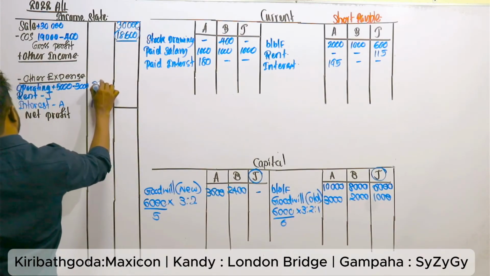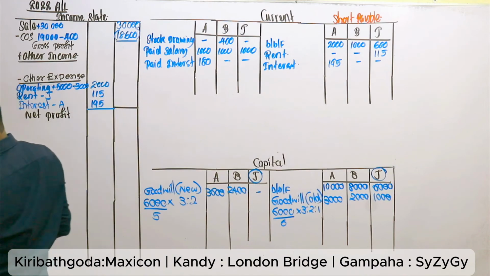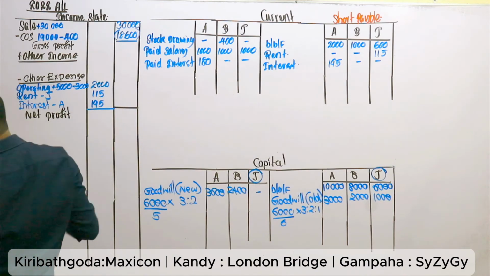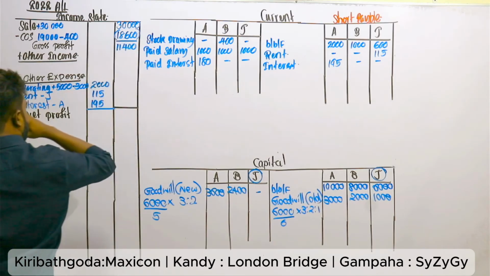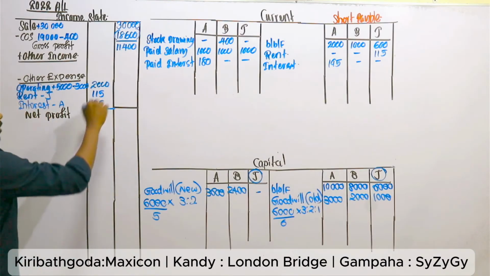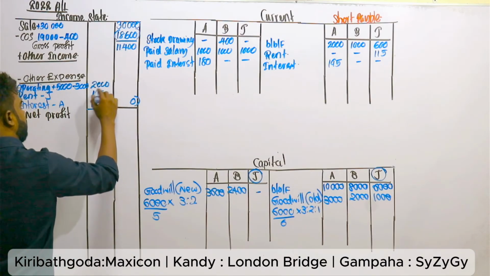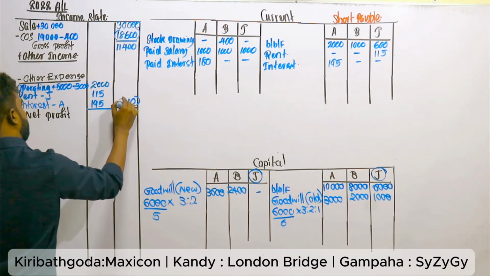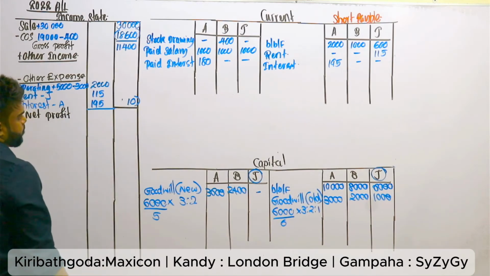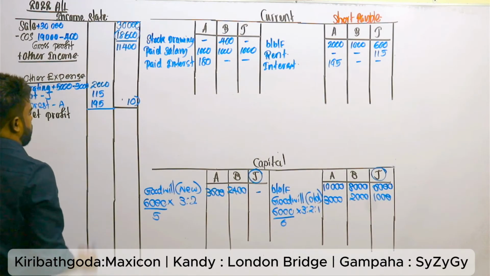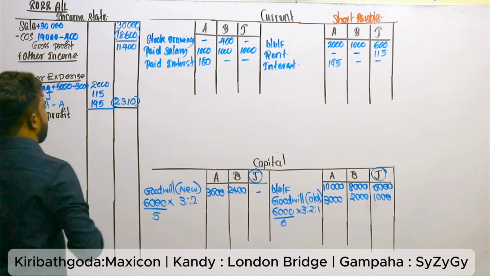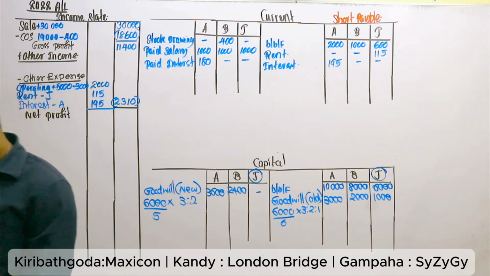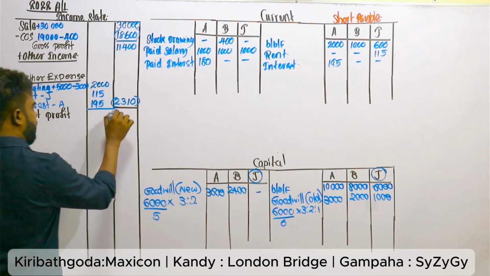Gross profit 11,400. Total expenses how much? 2,310. Net profit is it 9,090?